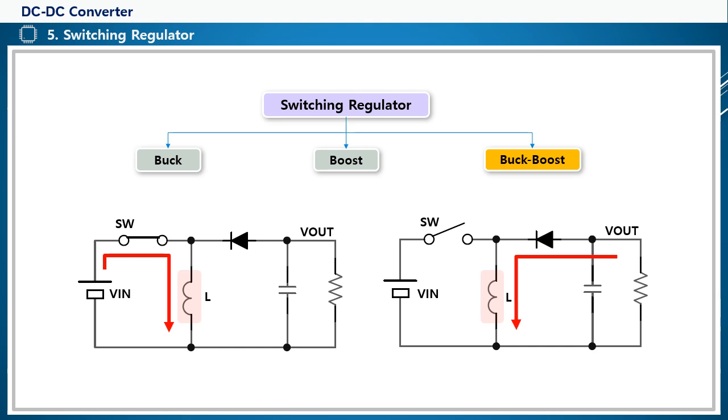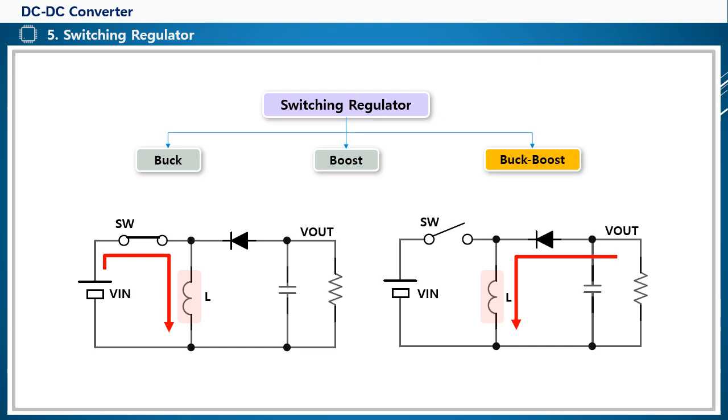In other words, the input DC current is stored in the inductor through the switch, and when the switch is turned off, the energy stored in the inductor is discharged, causing the discharge current to flow in reverse, resulting in a negative voltage at the output. Since the inductor has the characteristic of inertial current that continues to flow in the original direction when discharged, the negative output of the buck-boost inverting converter is possible.